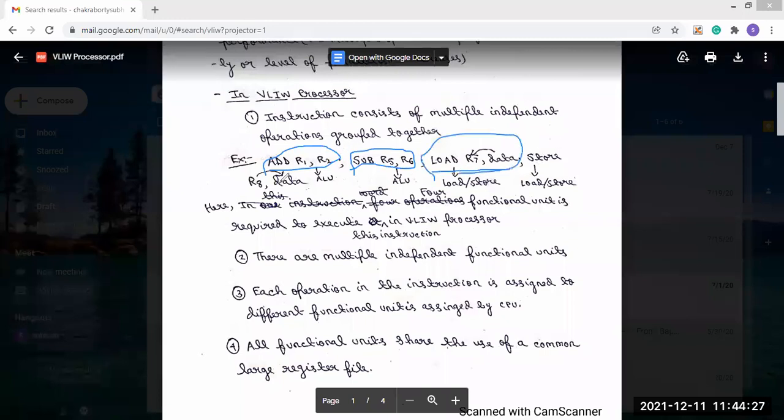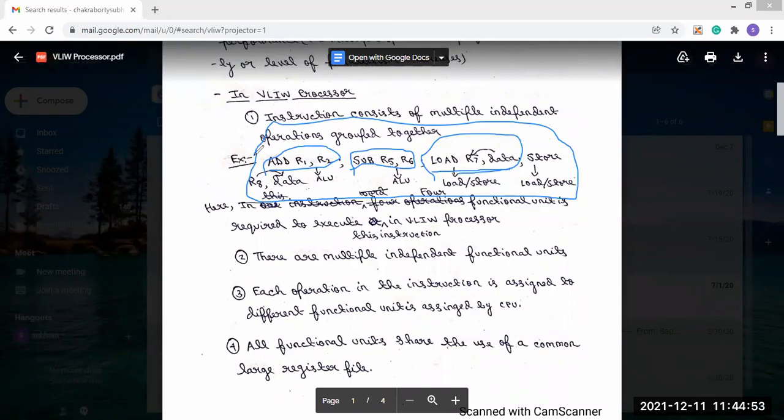And store R8, data: the data present in register R8 will be stored here. So these are the 4 independent operations, and altogether we call them the VLIW instruction.